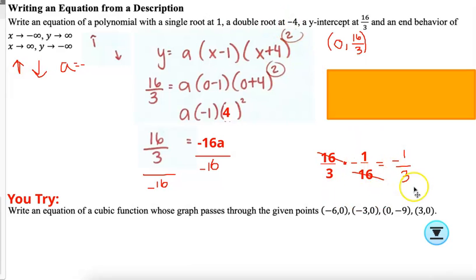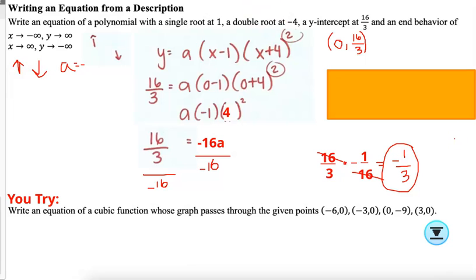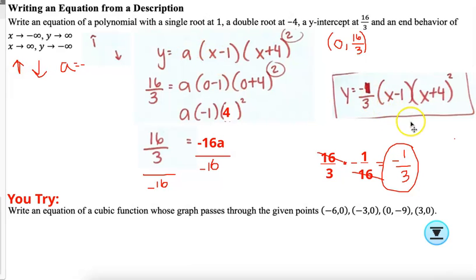So nice little fun fact too, fractions in elementary, middle school. All of that work to show you that your a value is -1/3. Again, use your calculator, mental math, up to you. So take this -1/3, put it in place of a, and then boom, you are finished with your equation.